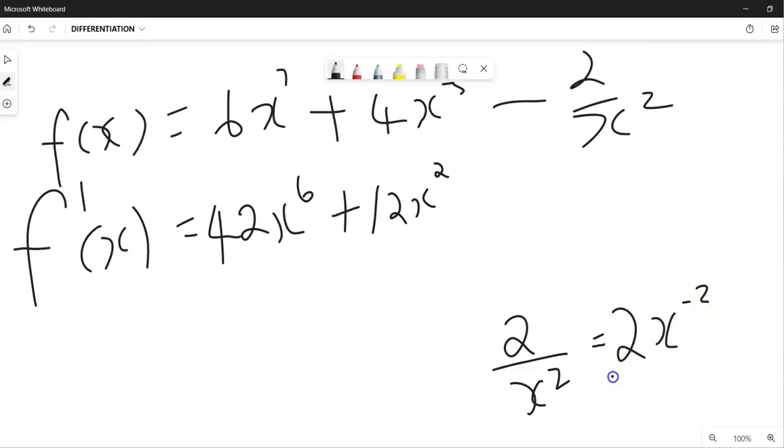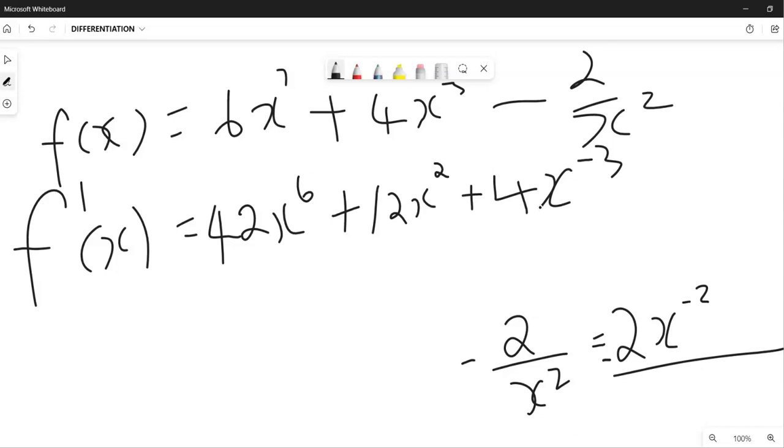Alright, so this is what we're going to be differentiating. So multiply our power by our coefficient, and this is negative, right? This would be -2. So -2 times -2, that's 4x. One less than -2 will be -3. And that would be our answer.